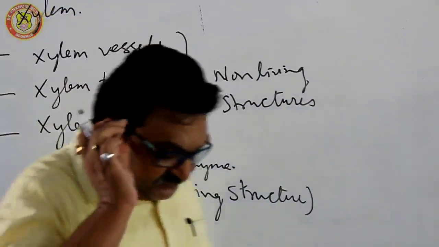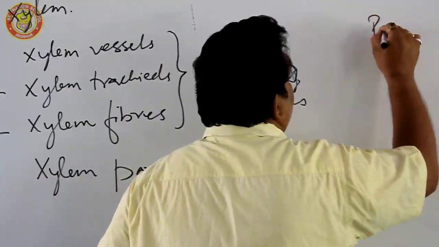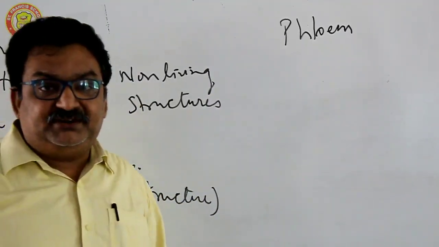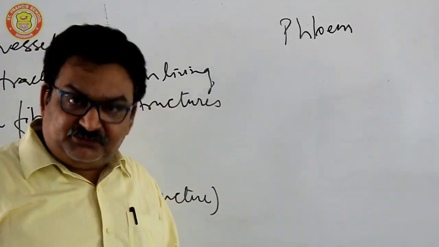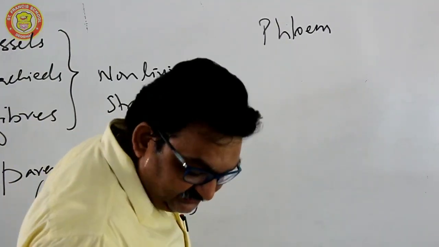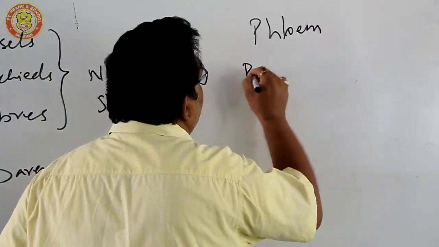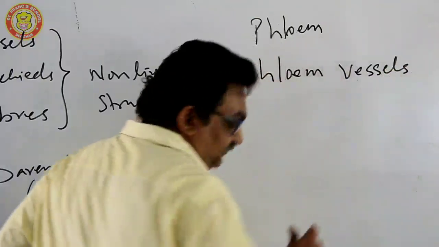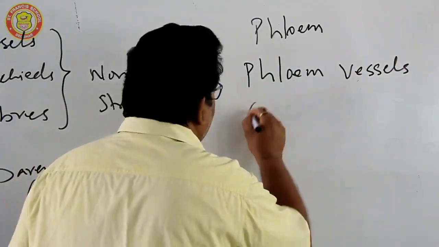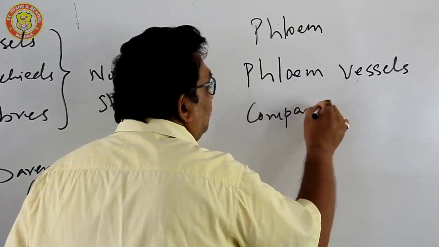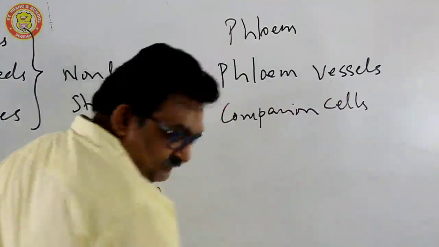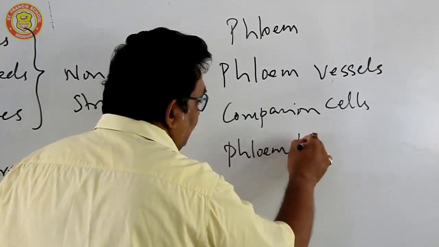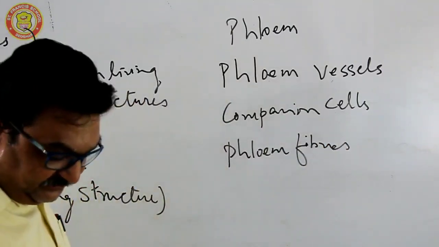In the same way, you have phloem. Here also you have four types of different cells that make up the phloem tissues. You have phloem vessels, then you have its companion cells, phloem fibers, and finally phloem parenchyma.